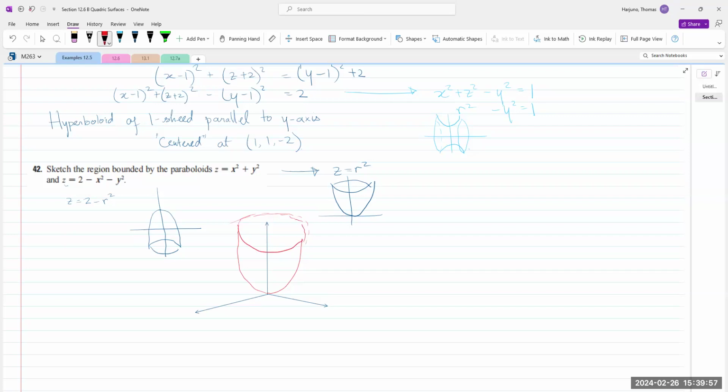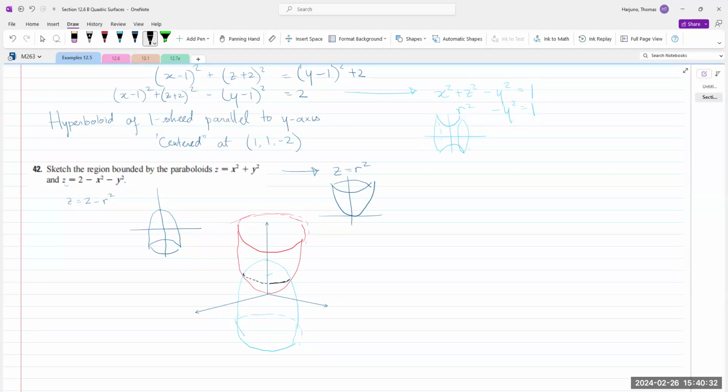Okay, that's the one facing up. And then you have another one facing down. Let me use another color, but the vertex is (0, 0, 2). Okay, so you will see that they actually intersect here. You will see it actually forms a circle.